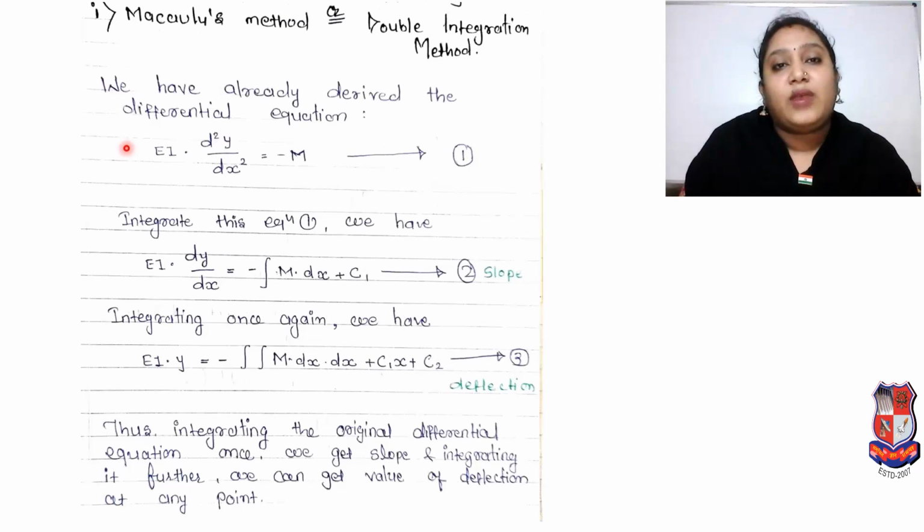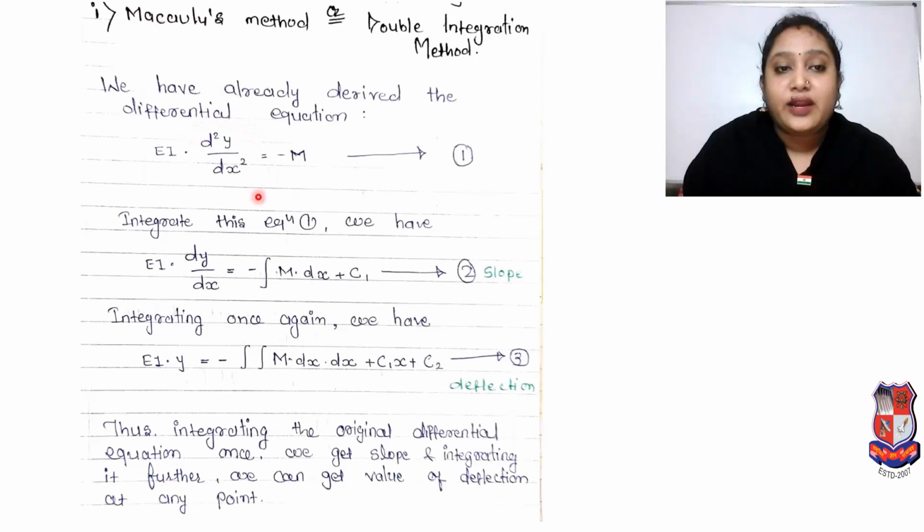So for Macaulay's method, or the double integration method, we have to remember a few equations. These equations will be useful for calculations in some problems. We already have one equation: EI d²y/dx² is equal to minus M. This is equation number 1 for this method.